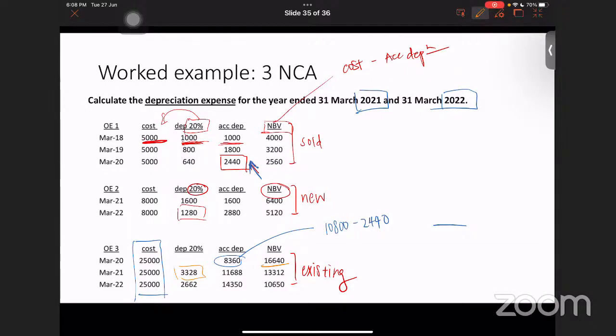And then accumulated depreciation, same idea. Last year's accumulated depreciation, add on to this year, and I will get this. And repeat the process again. MBV is cost minus accumulated depreciation. So every year, I will do the same thing until the year that my question asked me to stop at. So for here, we will stop at March 2022.